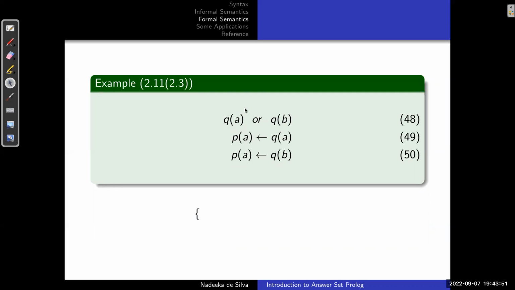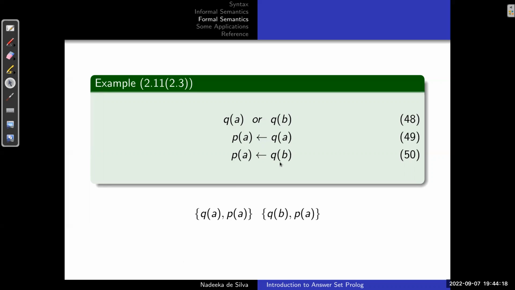Again, if we look at this program, here I have to satisfy this rule 48. So I have to include one of them to satisfy it. Let's say I include QA, then it satisfies this rule. And if I have QA, I have PA. Okay, like before, if I have QB, I have PA. So if I take this answer set, it satisfies all the rules, no?